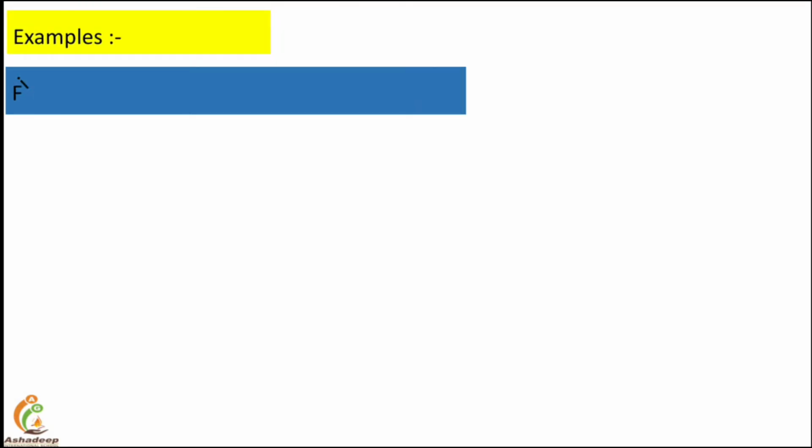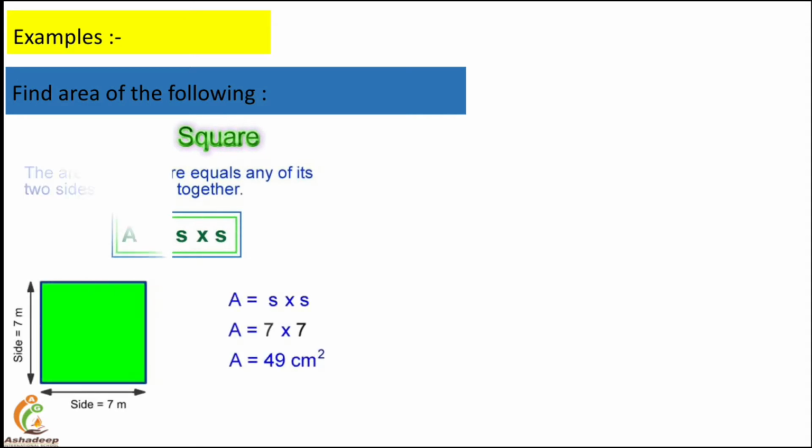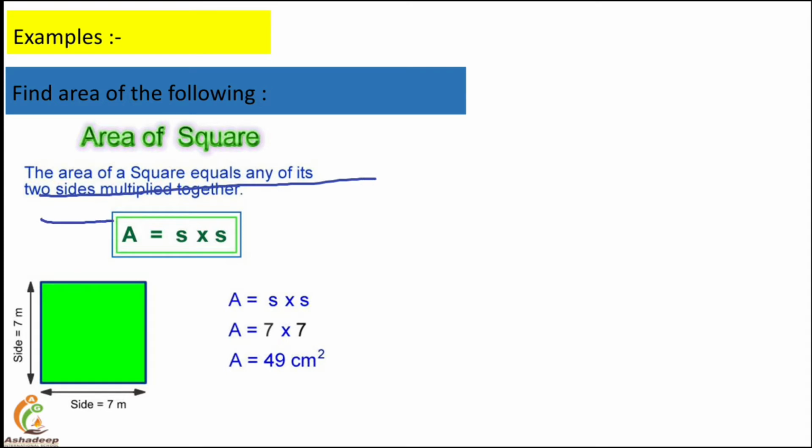Examples. Finding the area of the following. Here is a solution of an illustration. The area of a square equals any two sides multiplied together. Here are our sides, and when they are multiplied together it becomes the area. So 7 sevens are 49 square centimeter.